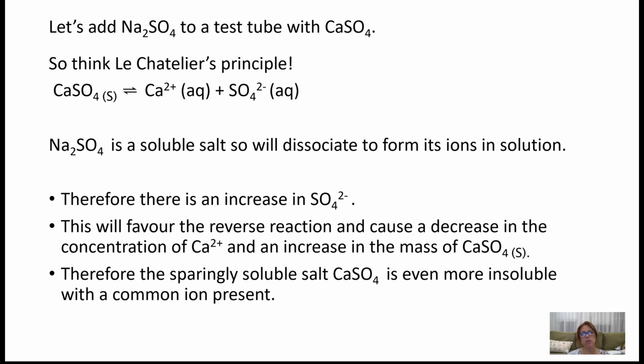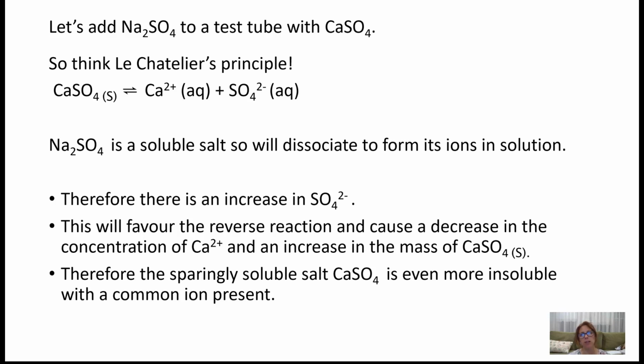We've got some sodium sulfate that is added to a solution that has already got calcium sulfate in it. So we need to channel Le Chatelier again and use that principle to help us decide what's going to happen.